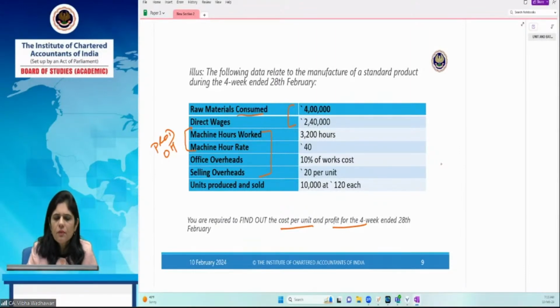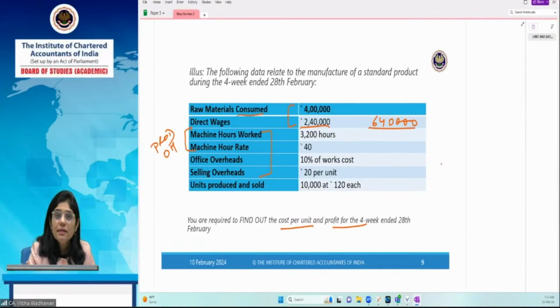Clear? So we have raw material and we have wages. Total comes out to 6,40,000. Machine hours worked 3,200 into 40. How much is the production overheads? Quickly calculate the production overheads. Direct material and direct wages basically form the prime cost.